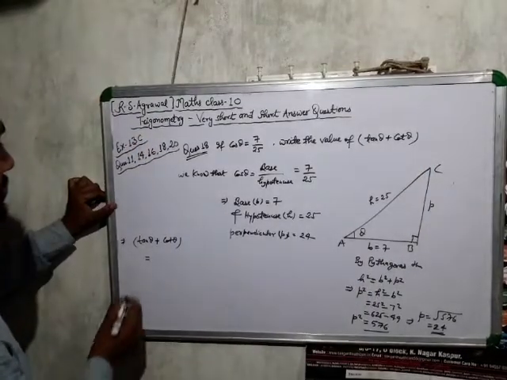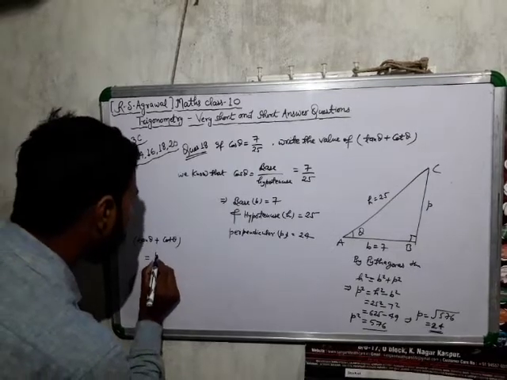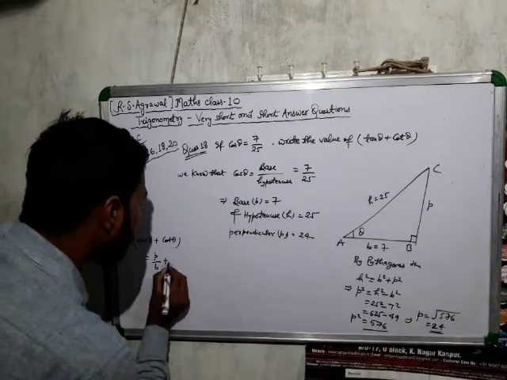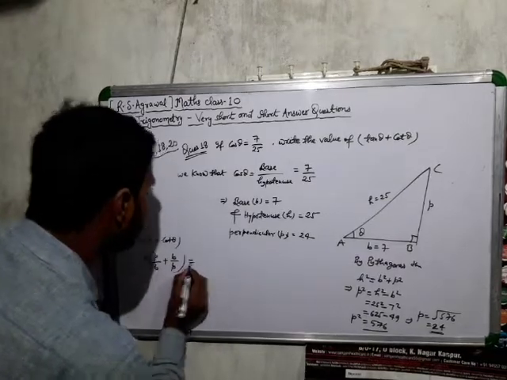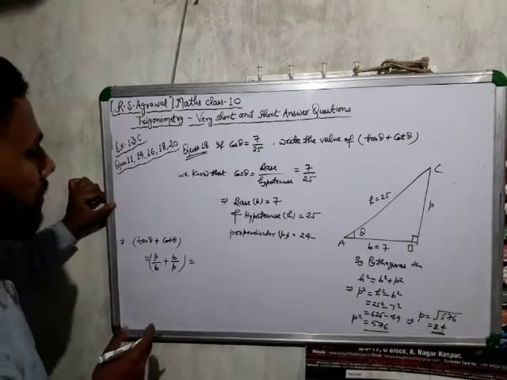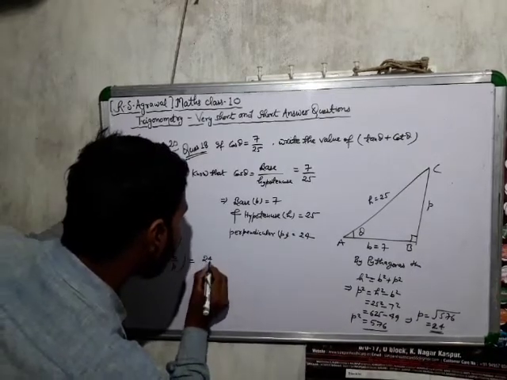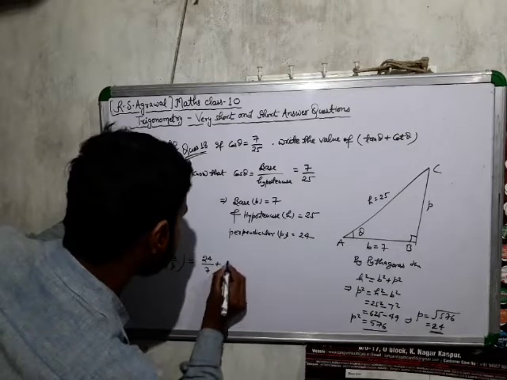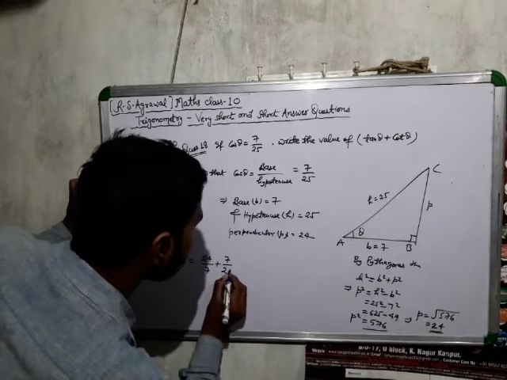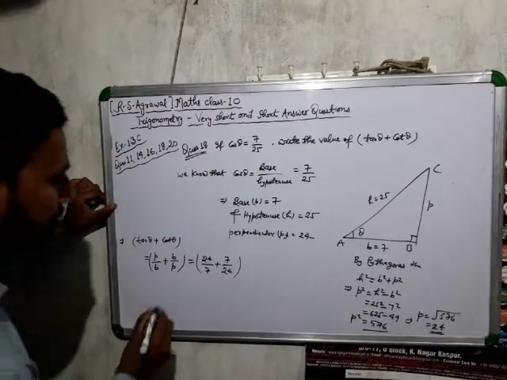Then this implies perpendicular by base plus base by perpendicular. Putting the value of base and perpendicular, it is equal to 24 by 7 plus 7 by 24. Clear?